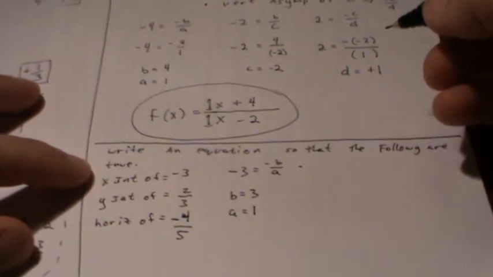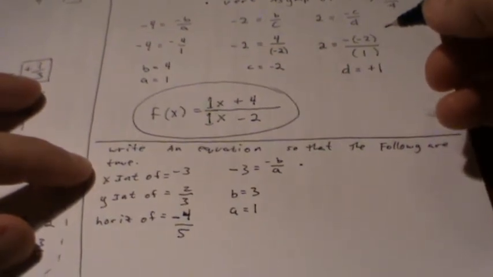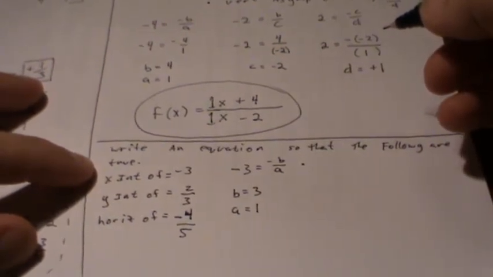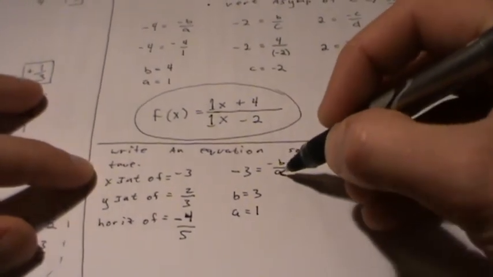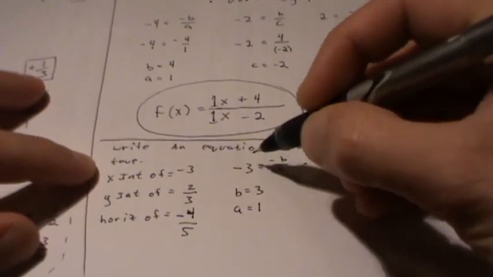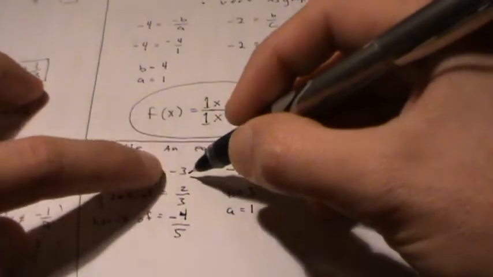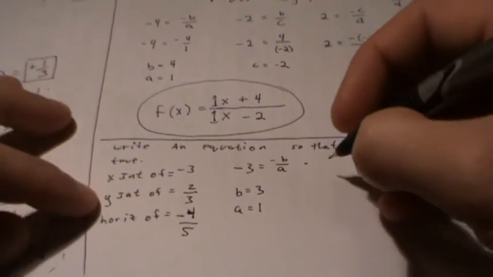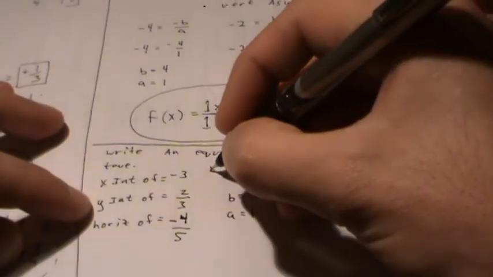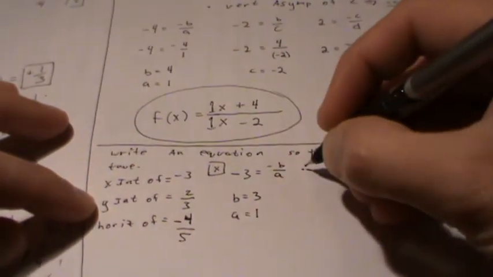It's kind of a similar thing that I had before, because if I plug a 3 in here and a 1 there, then it'll simplify down to -3, which is what I want my x-intercept to be. Now I'm going to figure out the y-intercept. This was the x-intercept.